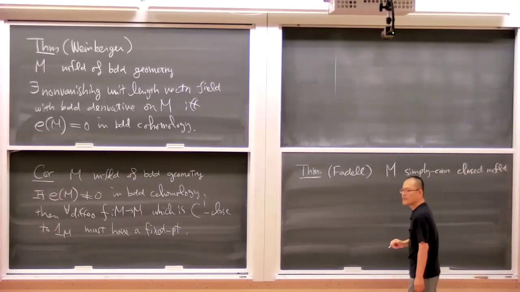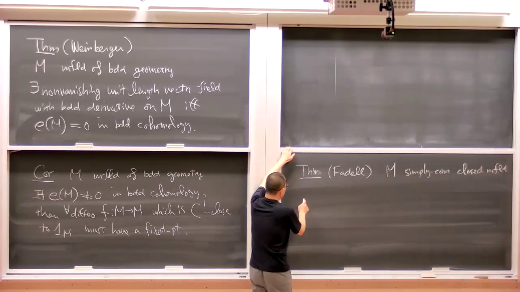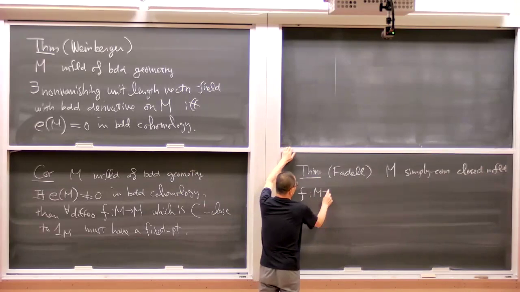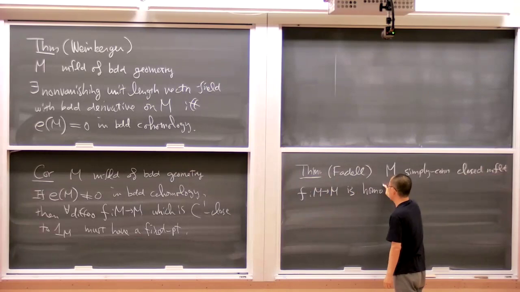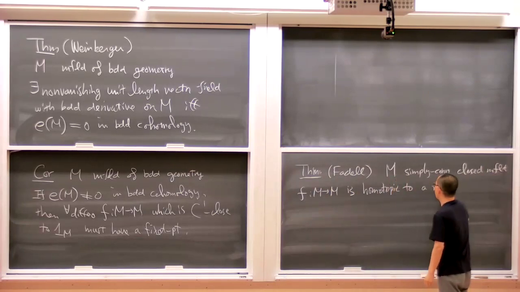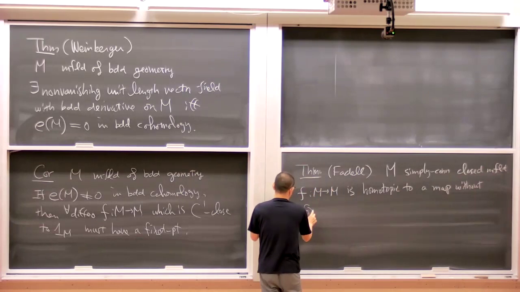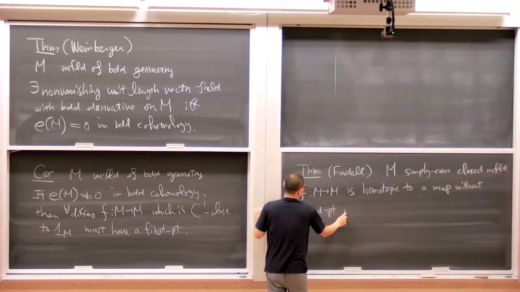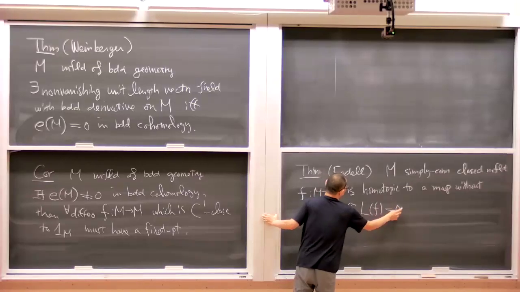A self-map f of M is homotopic to a map without fixed points if and only if the Lefschetz number of f is 0.